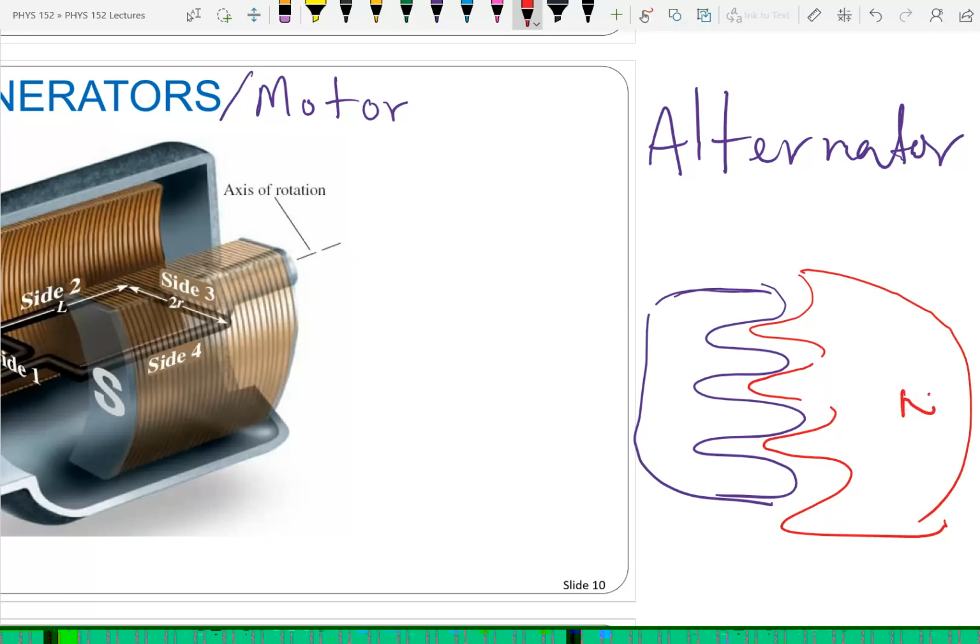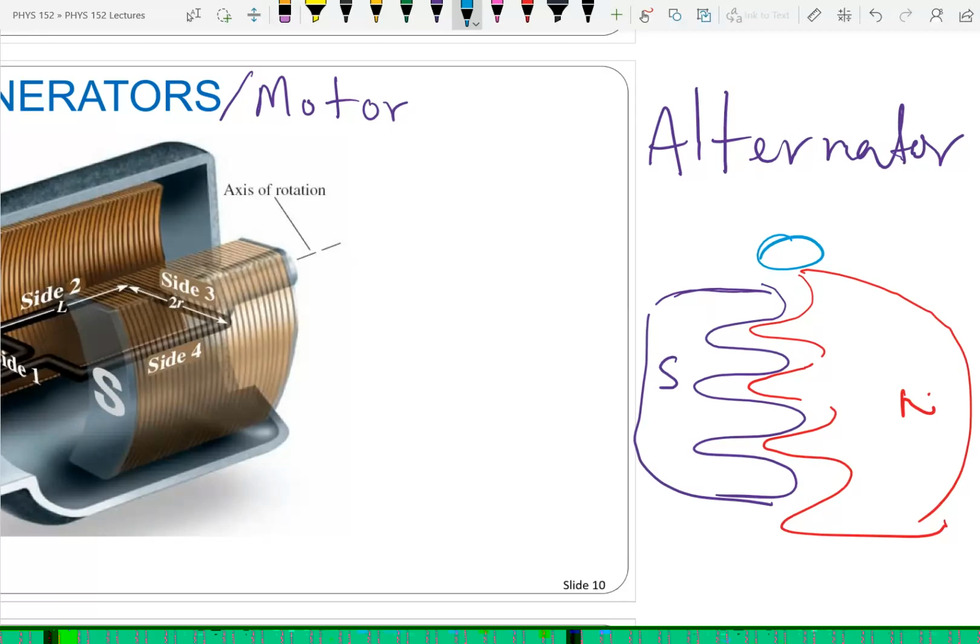And so one side's north, one side is south, and that whole thing is rotating. And then you have little pickup coils here in the center. So you have the magnetic fields coming by, and because of the interleaving, instead of it taking one rotation to go from north to south back to north, it takes like 1/20th of a rotation to go from north to south back to north.